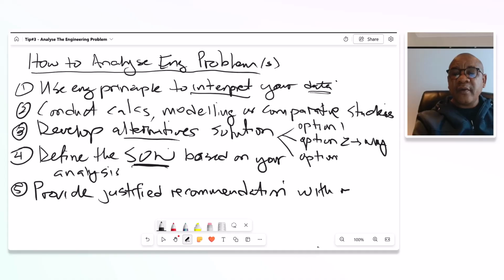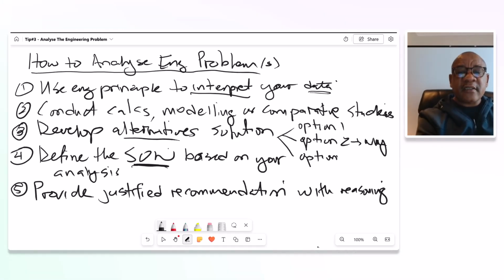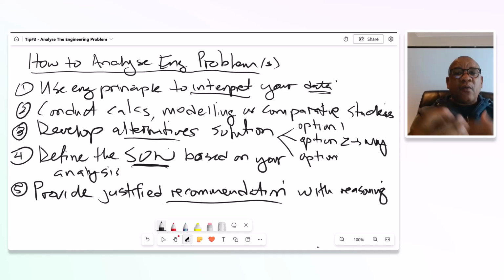So it's important that once we have analyzed something, you give us the recommendation. Give the assessors, the people who need to look, this is what we have done, your recommendation based on the data that we have interpreted, the alternative solutions that we have discussed, therefore your recommendation is this. So it's important you must show them.